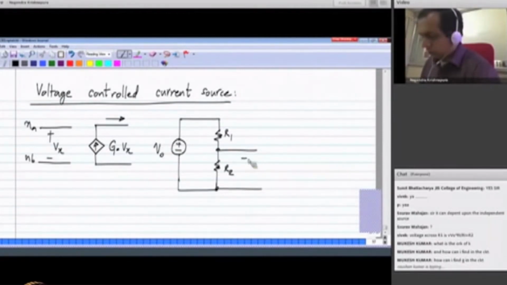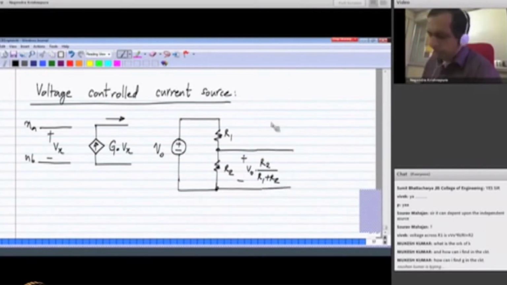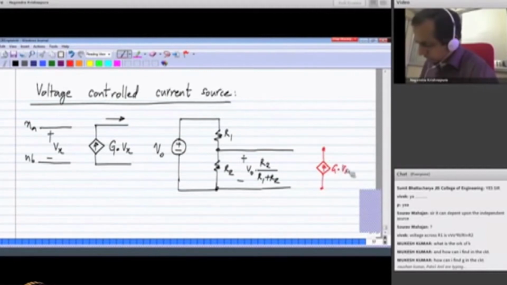Okay. So again, taking the same simple example, if I have V0, I'll have V0 R2 by R1 plus R2 across the resistor R2, and I could have a controlled current source which is G times Vx, where Vx happens to be defined like this in this circuit.